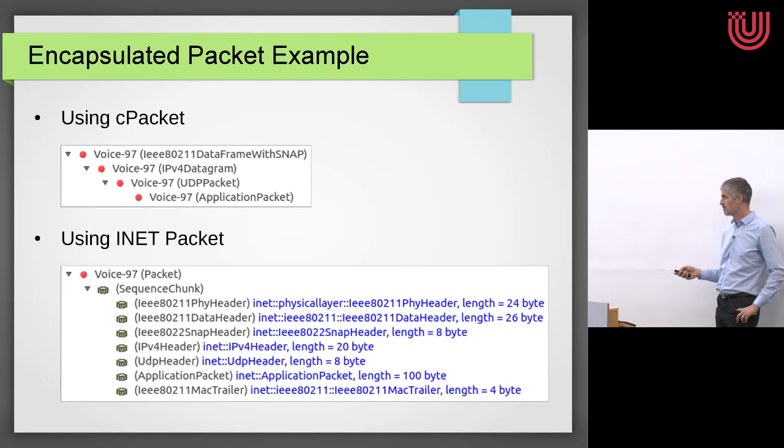So this is much closer to what you would see in Wireshark, for example. And you could, of course, in another view open these objects and see the actual data fields of the protocol, and you wouldn't see lots of other unrelated technical fields there, which would just confuse you.